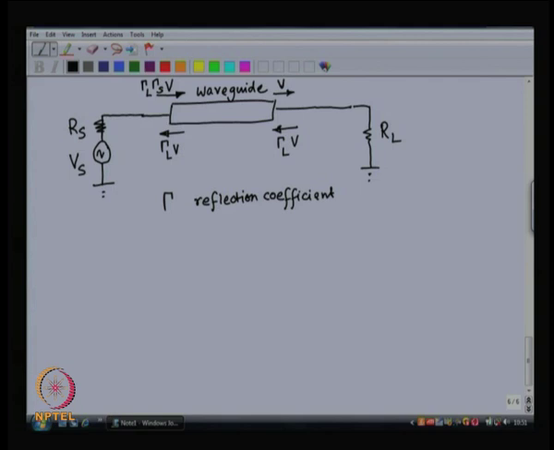Okay. So, this is how it works. So, you transmit a wave, let us say it is a voltage wave. This wave hits the load, part of it gets reflected back. The portion that gets reflected back hits the source and gets reflected again, and this keeps happening back and forth.